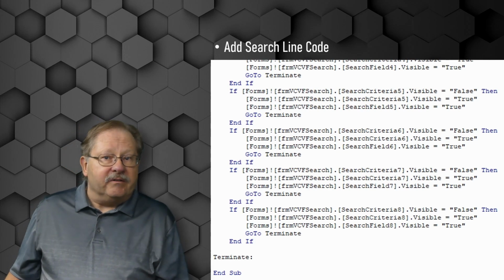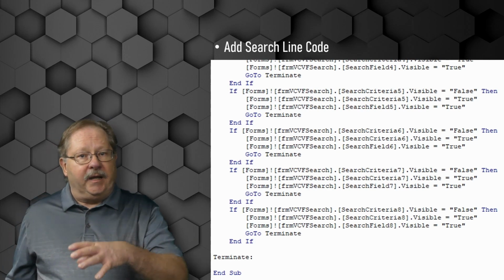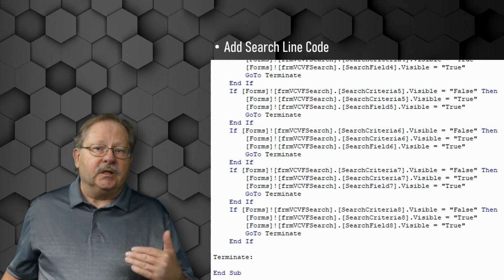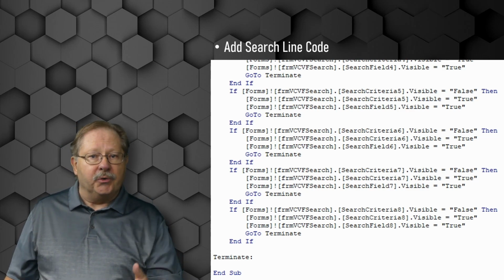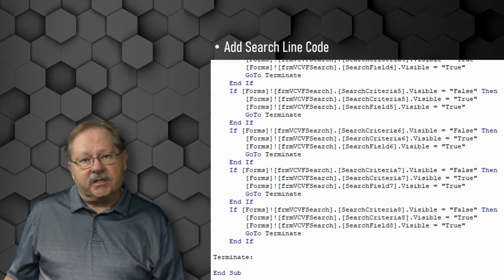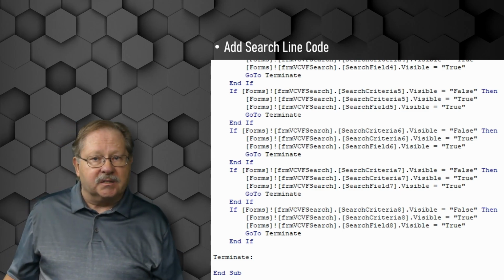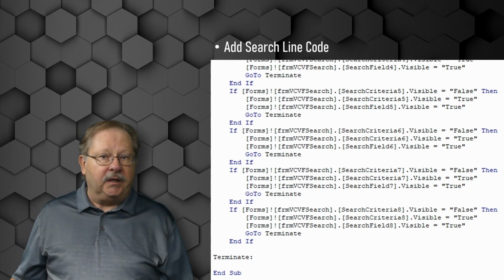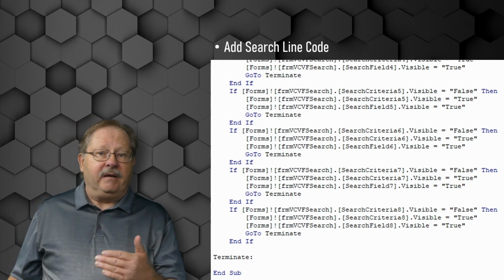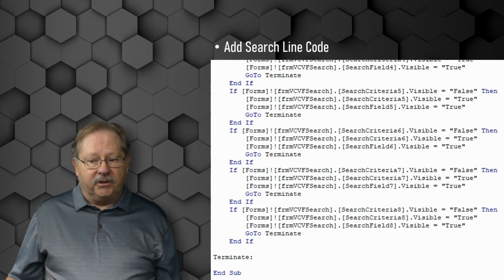If it was not already visible, it would go ahead and make the text box and combo box visible. Then it would go to the label we called terminate so that the code execution stopped at that point. So it was a simple exercise of having multiple text boxes and then iterating through each one until we found the one that was still not visible, making that visible and then ending the code.